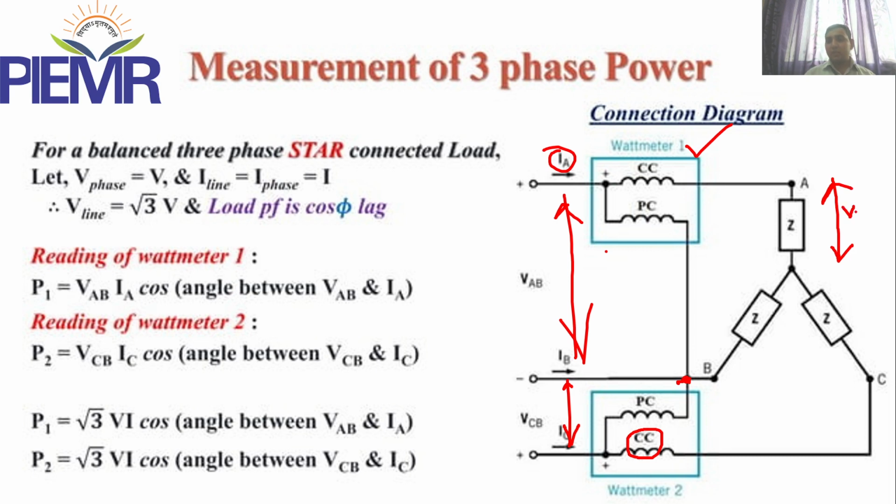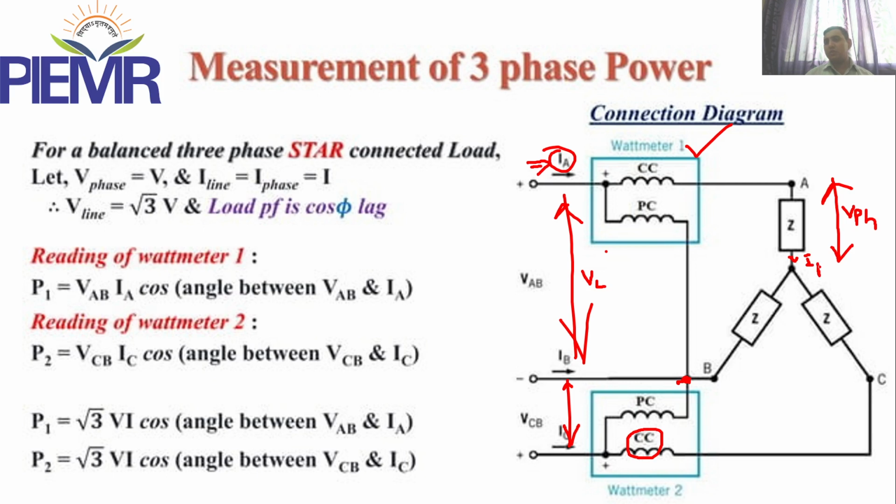VAB is your line voltage, VA is your phase voltage, and the current going to a load is the phase current.